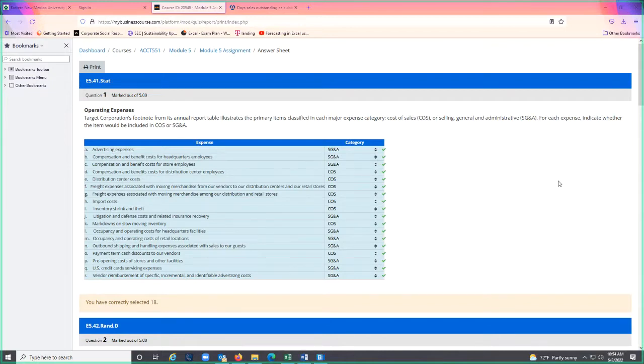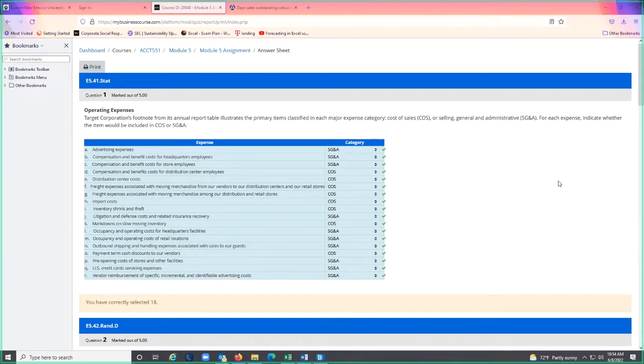For each expense, indicate whether the item should be in COS for cost of sales or selling and admin. So advertising expense, selling and admin. Compensation and benefits for headquarter employees, that means selling and admin because it's administration. Compensation and benefit costs for store employees, selling and admin.